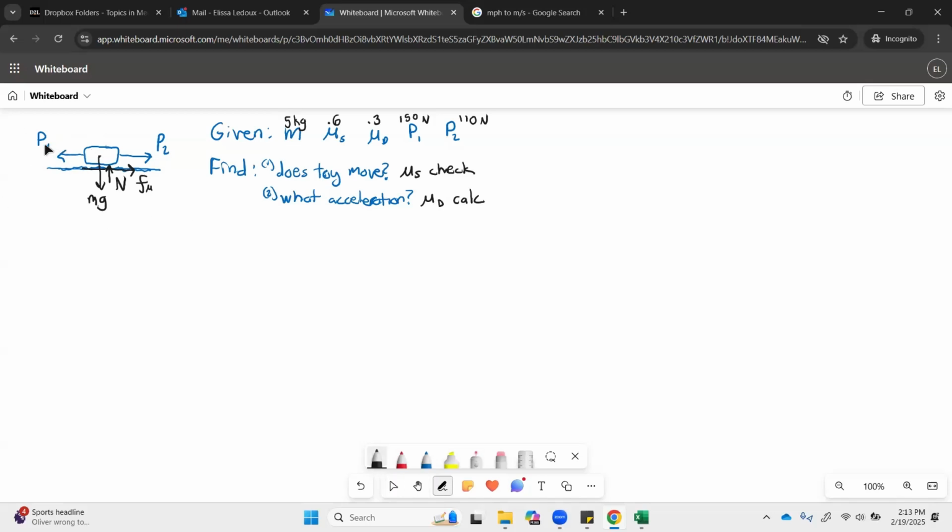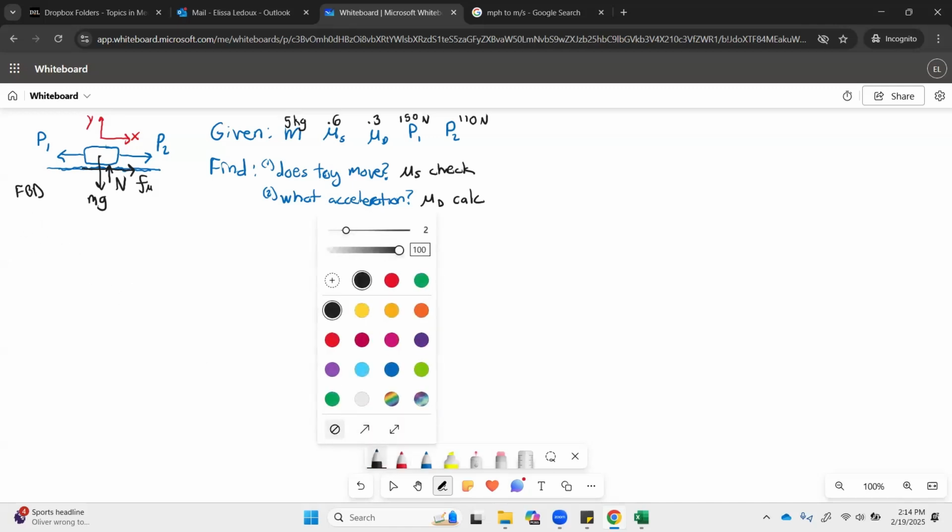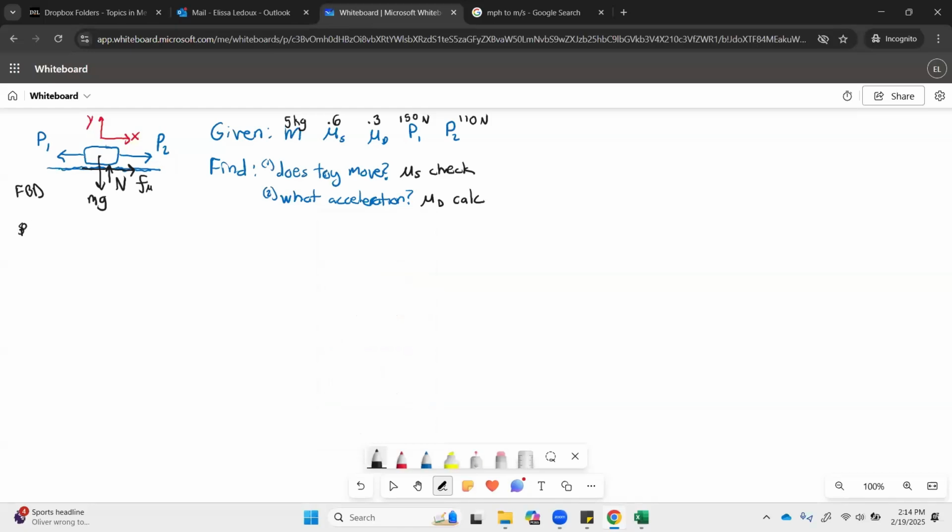Okay, so we got step 1, our free body diagram. Now we need to do our coordinate frame. So we will put x along the direction of motion, and we will put y perpendicular. And then we need to write our equations. Let's write all these down, the game plan here.